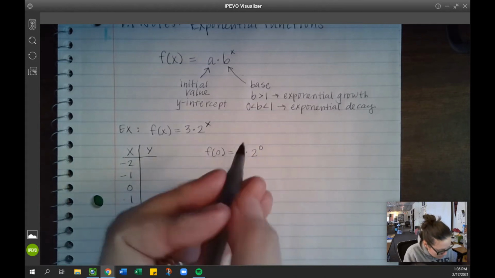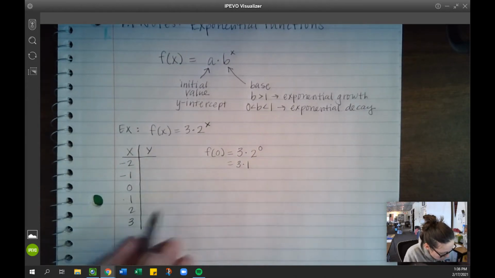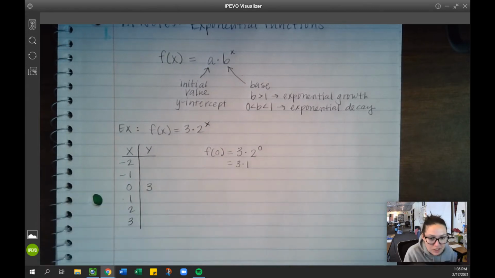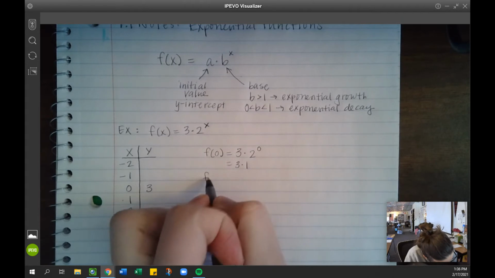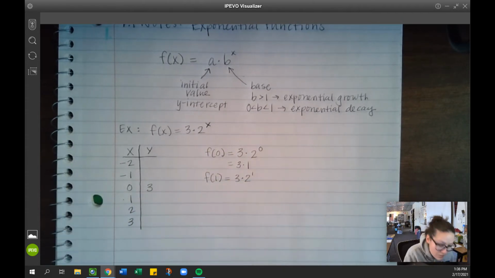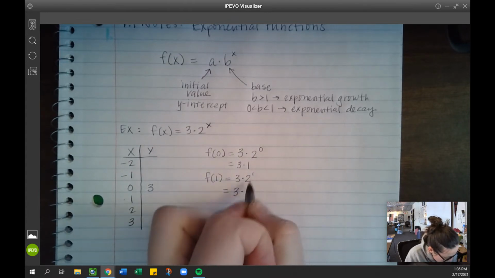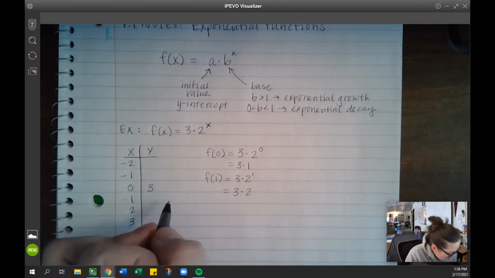Anything to the power of 0 is 1. So, if I plug in 0, I'm just going to get 3 because I'm doing 3 times 1. Let's try f of 1. 3 times 2 to the first. That's 3 times 2 because 2 to the first is just 2. So I get 6.